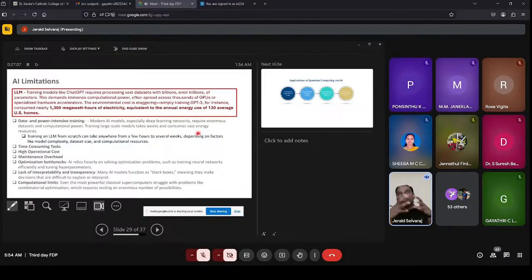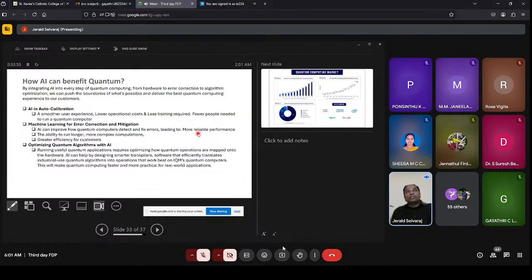And also, we know that machine learning is so powerful in AI, and it can be used for error detection and mitigation in quantum computing. I saw one of the sessions where they'll be talking more about error correction and mitigation, where machine learning can help to solve that problem.